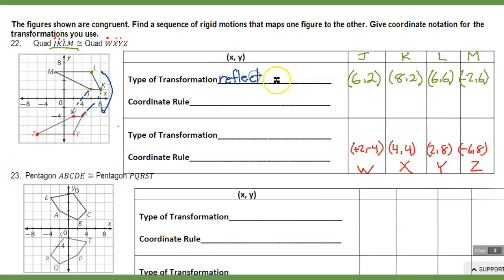It's not going to be perfectly lined up, but it'll be much closer. And that's going to be the x-axis. Reflection, x-axis. There we go. All right, and that rule is, according to our paper, xy will map to x, -y.